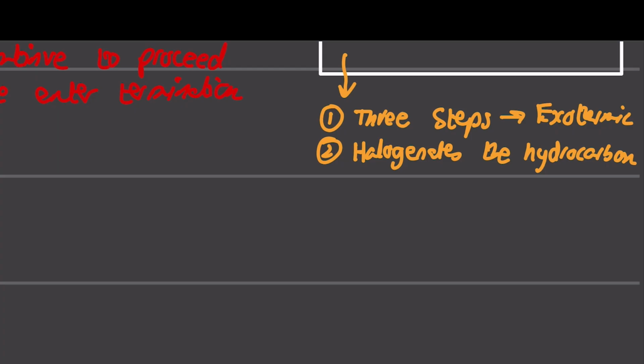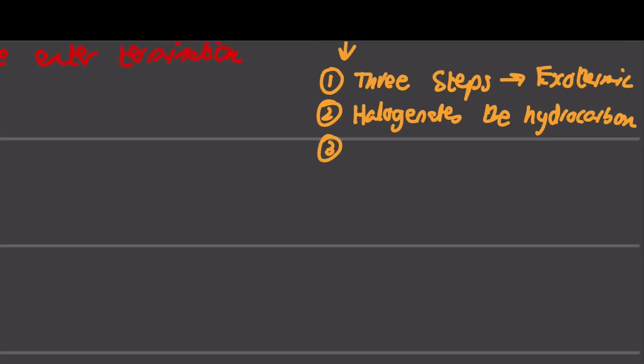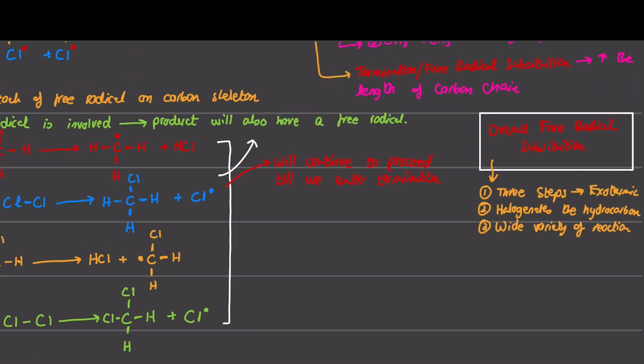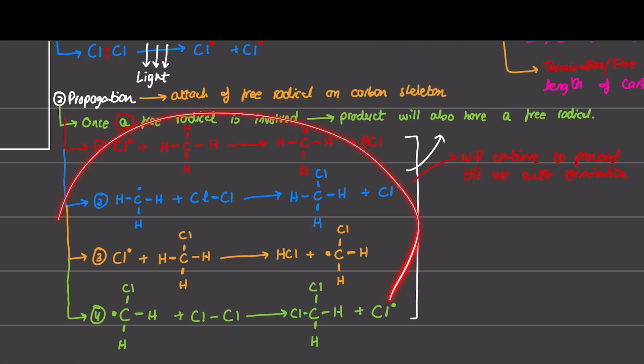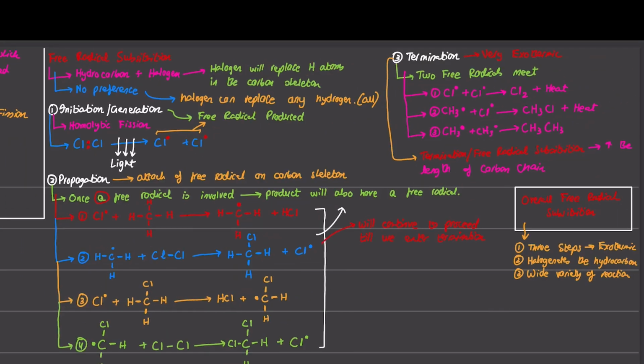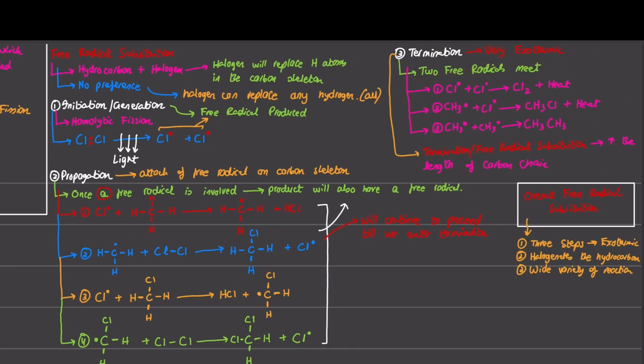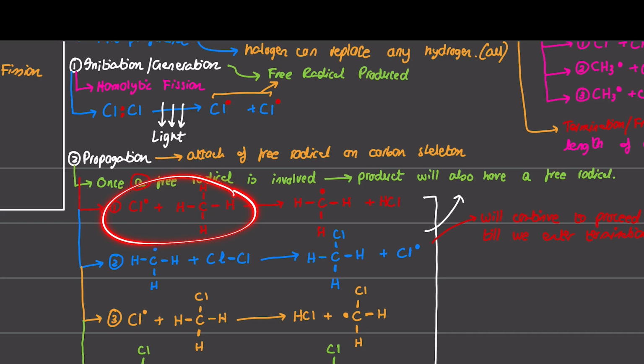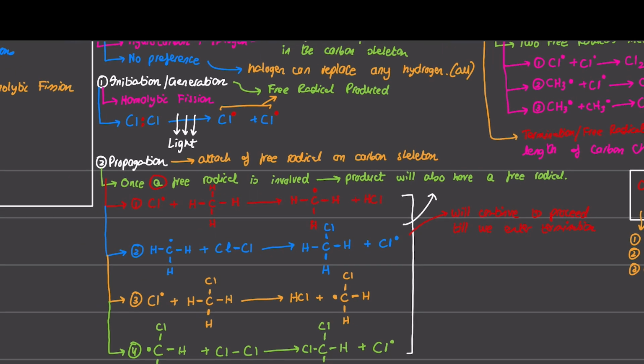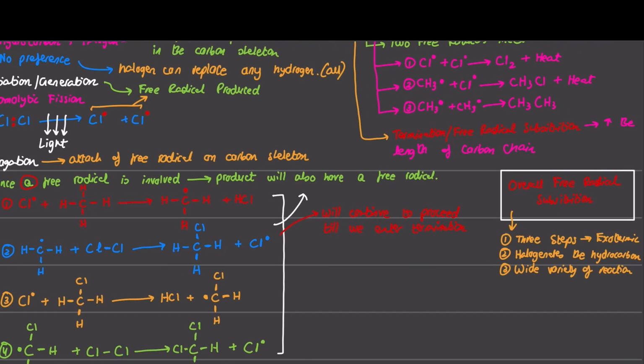Okay, and the last thing that we have is that we can also have other reactions. So we can have a wide variety of reactions. Let me just quickly write this down, then I'll explain this. So guys, essentially what I mean is that we can have a wide variety of reactions happening simultaneously at the same time. It's not that we're only going to be having a reaction between Cl and CH4, but at the same time we can also have a reaction between the 2 hydrocarbon chains.